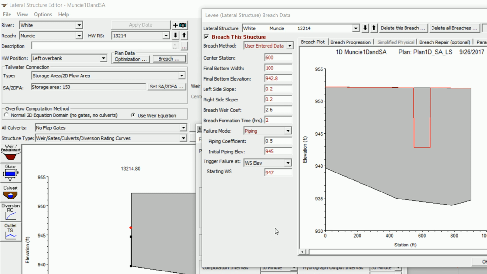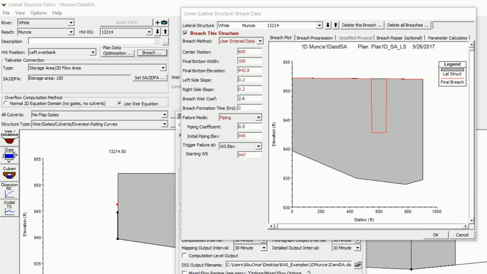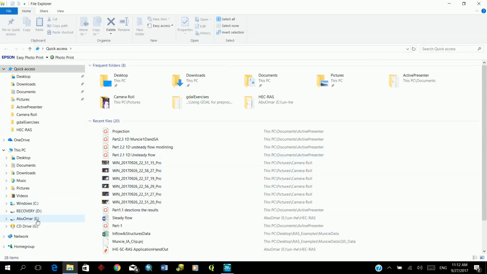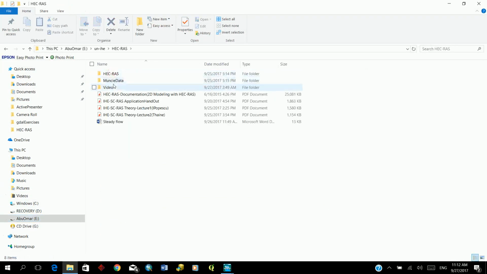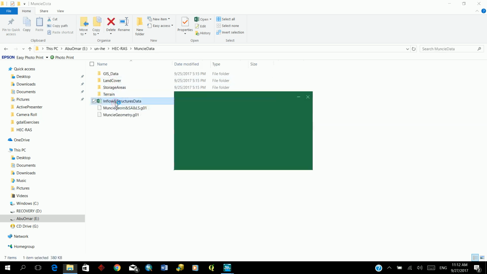Where is that breach command? It is on top. You have to go to the lateral structure. And then you have to say breach this. Okay, then you have to put this data, yeah?